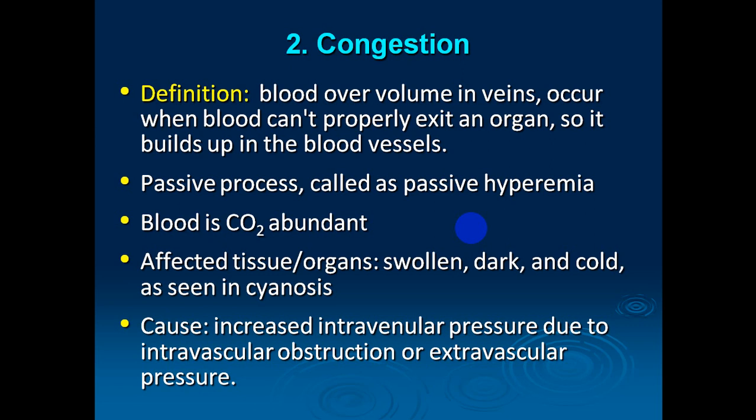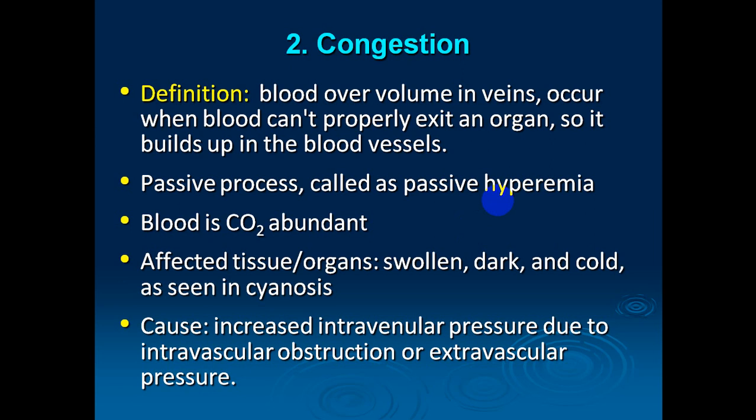And in congestion, usually the blood is abundant in carbon dioxide, except if the congestion occurs in the pulmonary vein. In the pulmonary vein, the blood is actually rich in oxygen because the pulmonary vein connects circulation from the lung to the heart.